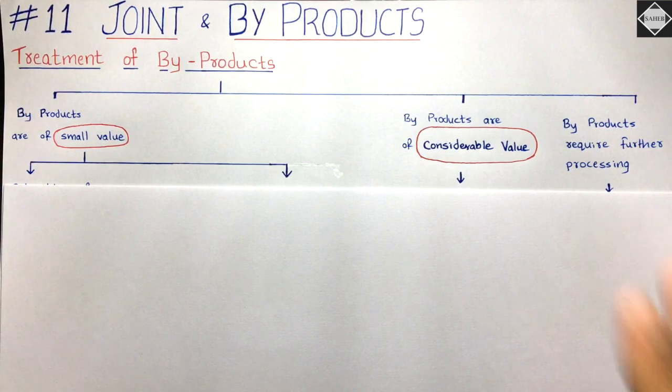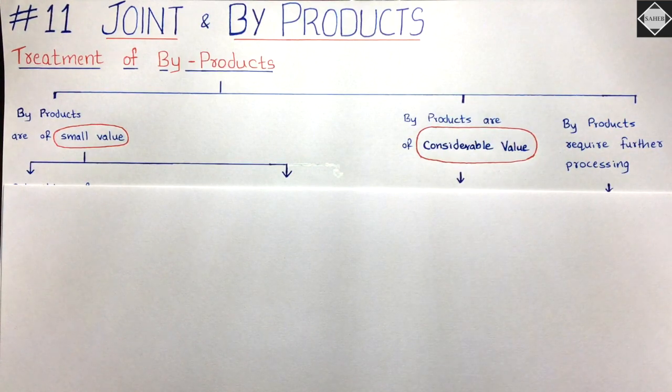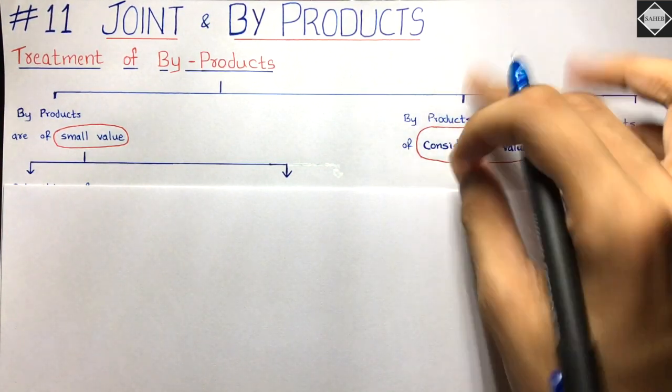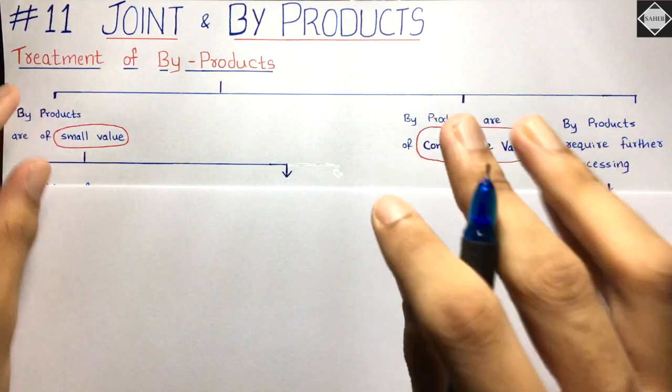Is that clear? In the exam, that's how you have to decide. Sometimes it will be given directly, or the question will say to apportion joint cost to this category, or calculate the profit of that byproduct. Is that clear? Fine.